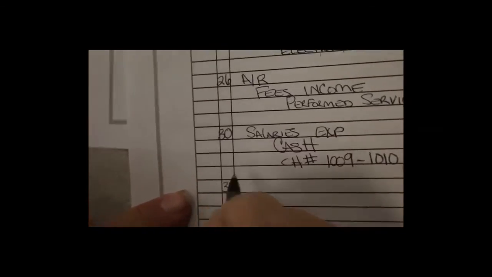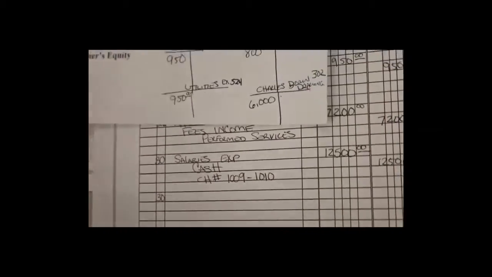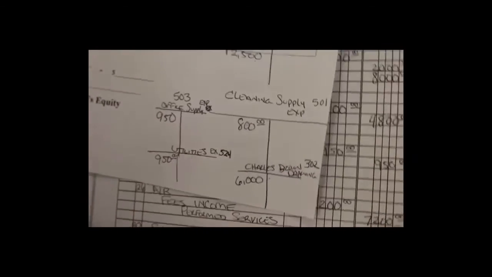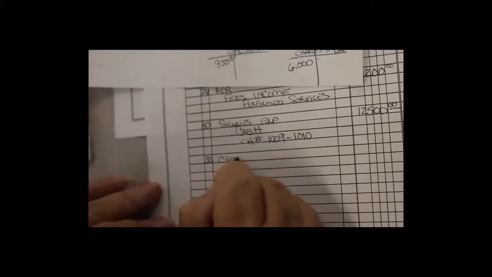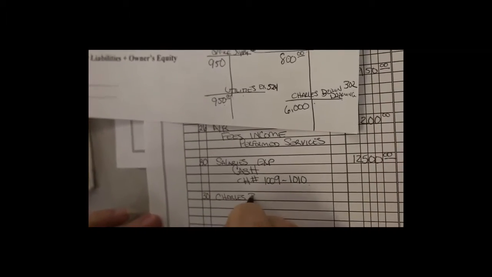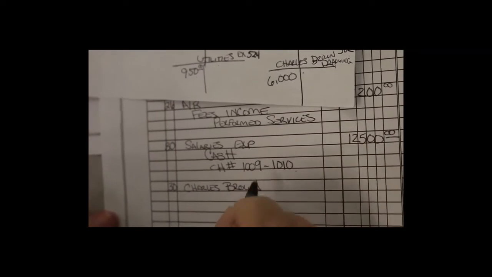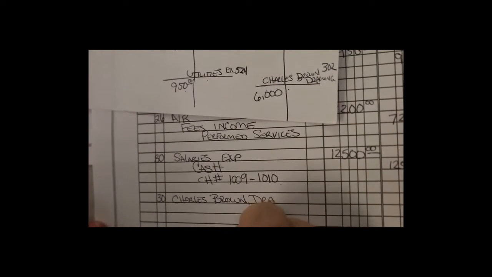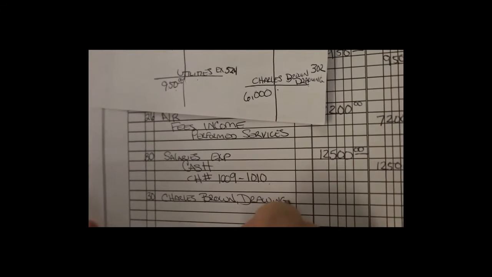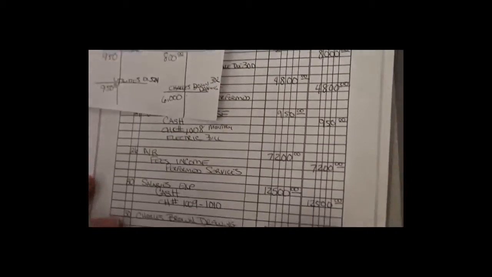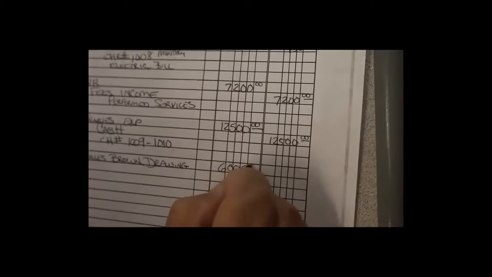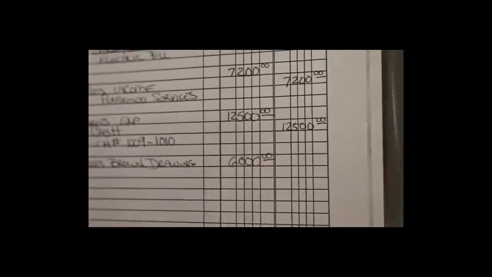All right, so let's go to the journal. Skip a line. The date is the 30th. What account got debited? The Charles Brown, comma, Drawing. That was debited $6,000. And then what account gets credited?